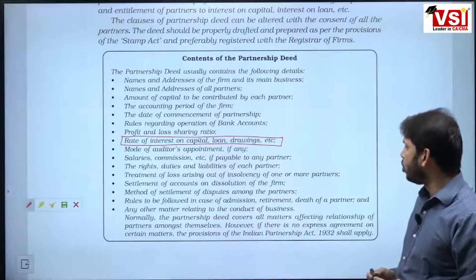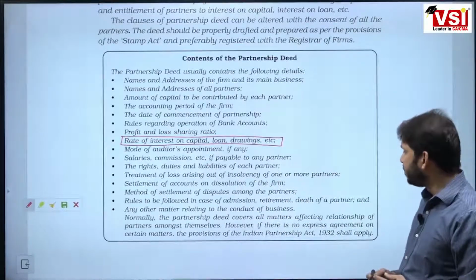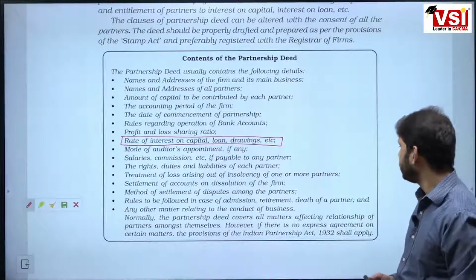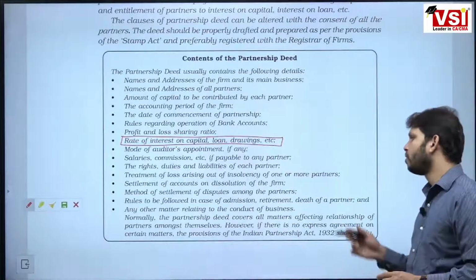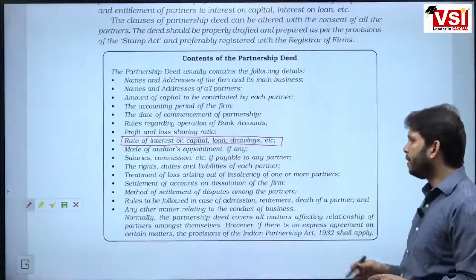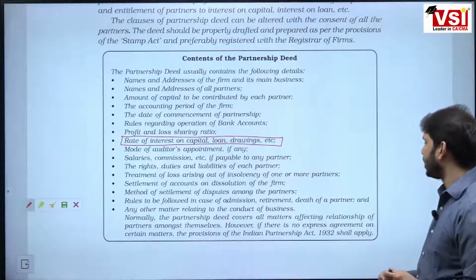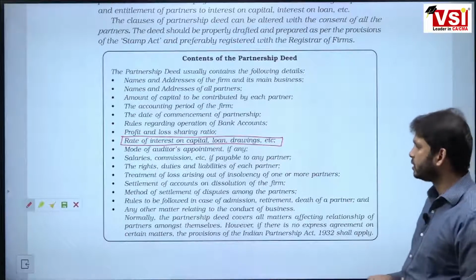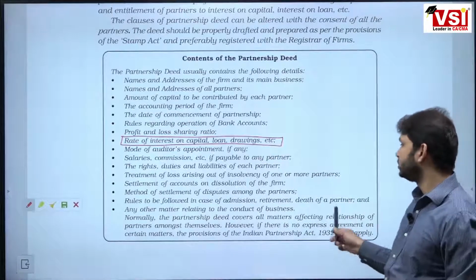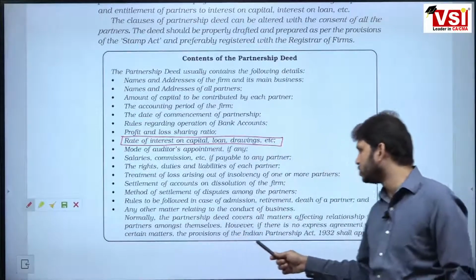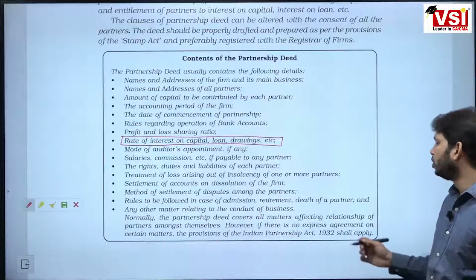Then rules to be followed in case of admission, retirement, death of a partner and any other matter relating to the conduct of business. Normally, the partnership deed covers all the matters affecting the relationship of partners among themselves. However, if there is no express agreement on certain matters, the provisions of the Indian Partnership Act 1932 shall apply.